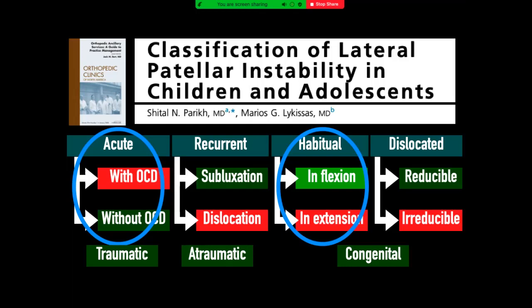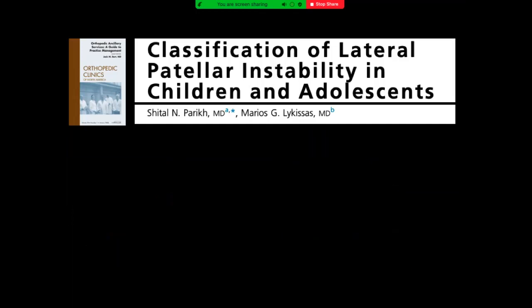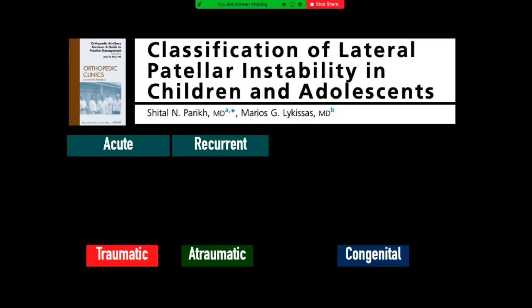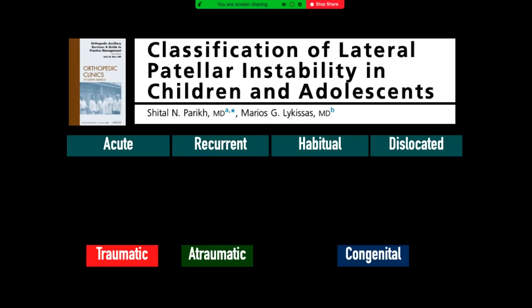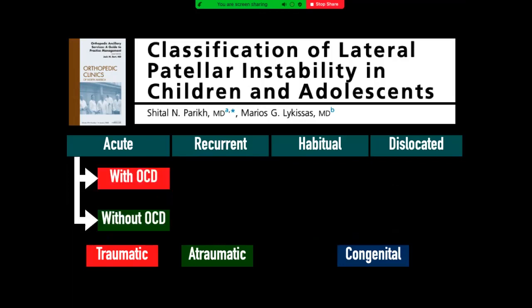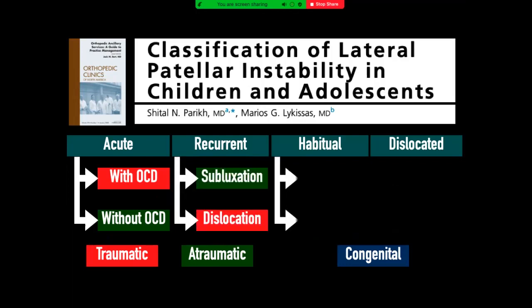In traumatic dislocation, usually there are no predisposing causes, but in recurrent cases there will be some form of predisposing factor. So recurrence is very common. It's repeating again.